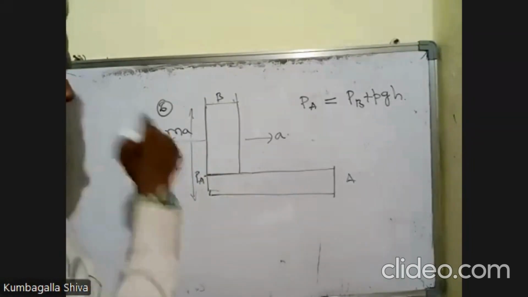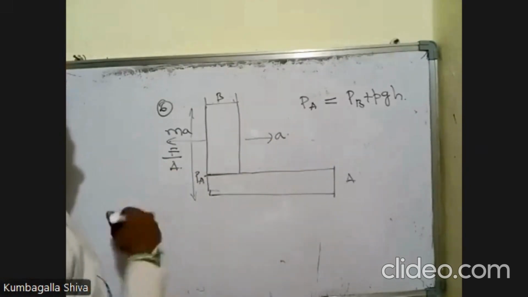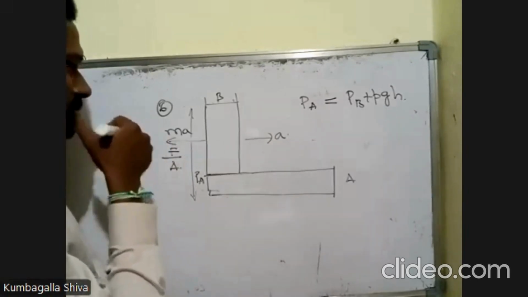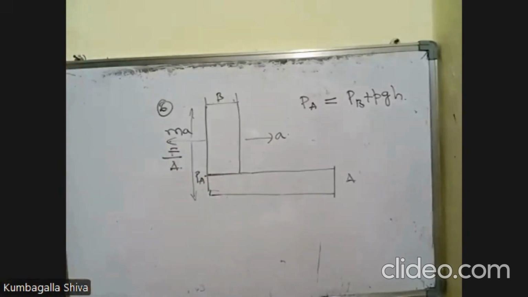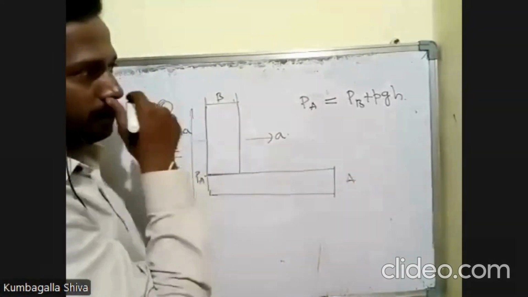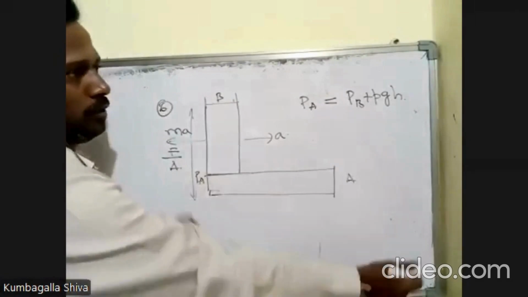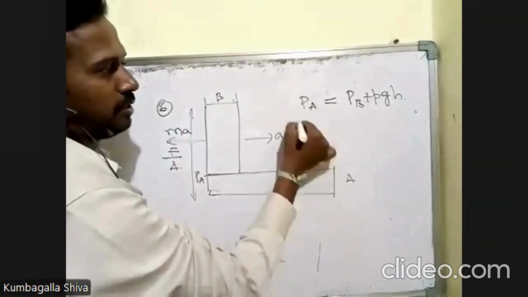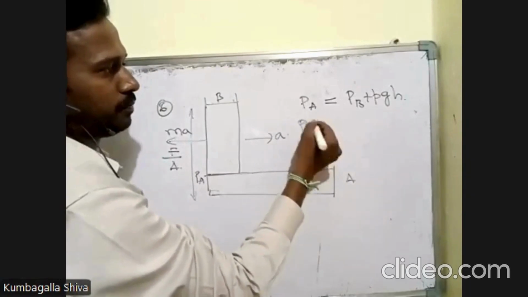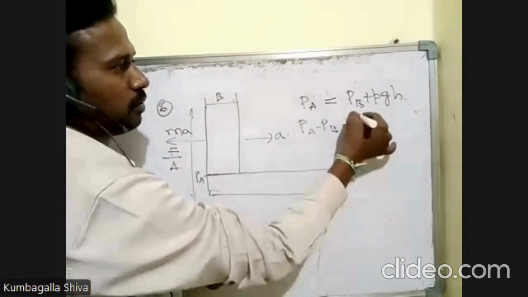Whether this is going to be this side or this side, PA is equal to PB plus rho GH. If you bring this side, PA minus PB is equal to rho GH.